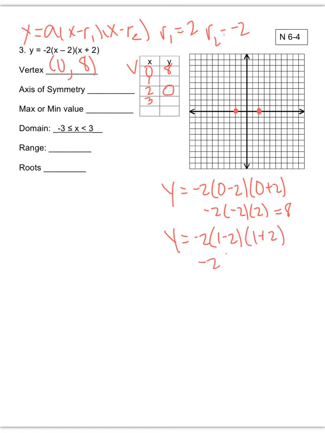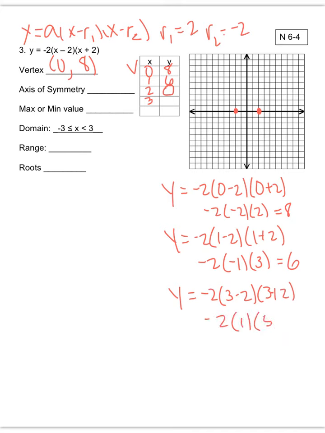So that's going to be negative 2 times a negative 1 times 3, so you should get positive 6. Okay, and then plug in 3. So that's going to be negative 2 times 1 times 5, which would give you a negative 10.